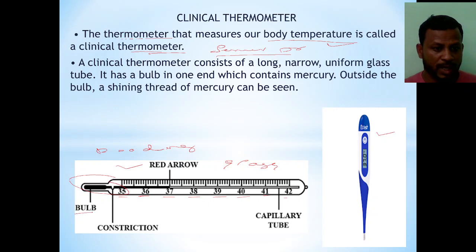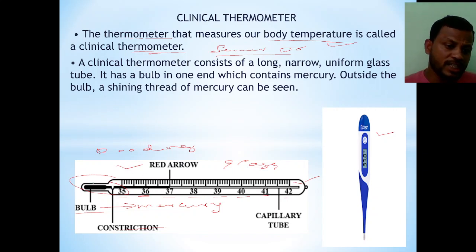This is the bulb which has the mercury. Mercury can be seen here. This is known as the bulb, this is known as the constriction, and this is known as the capillary tube.